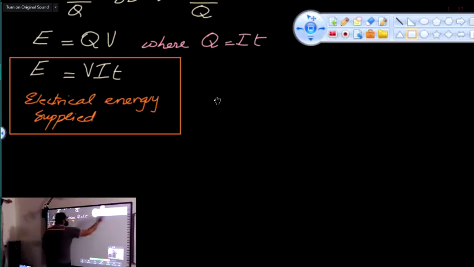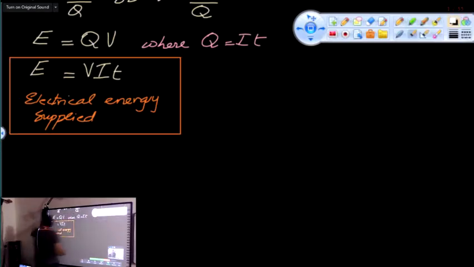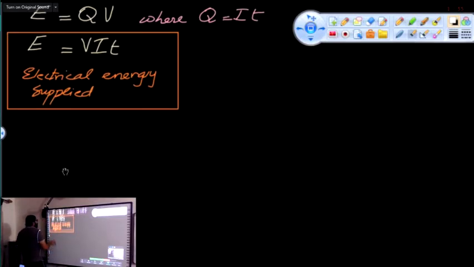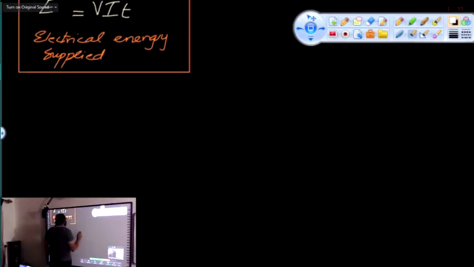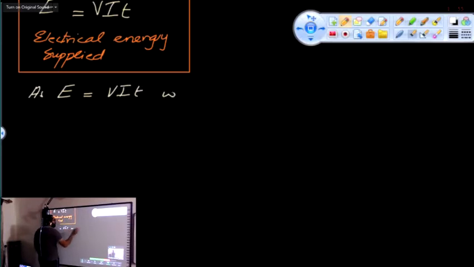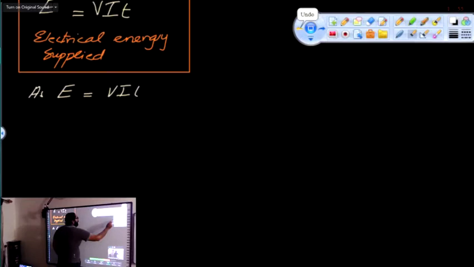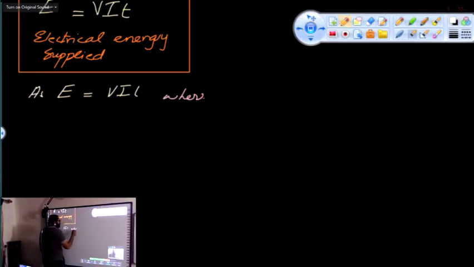Next part. We have just written it over there as E is equal to VIT. So, E, that is the electrical energy supplied, is equal to VIT, where V is equal to IR.